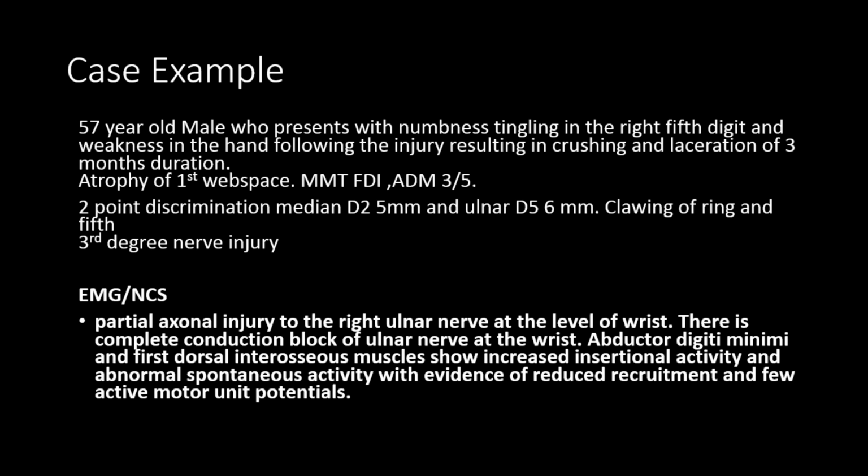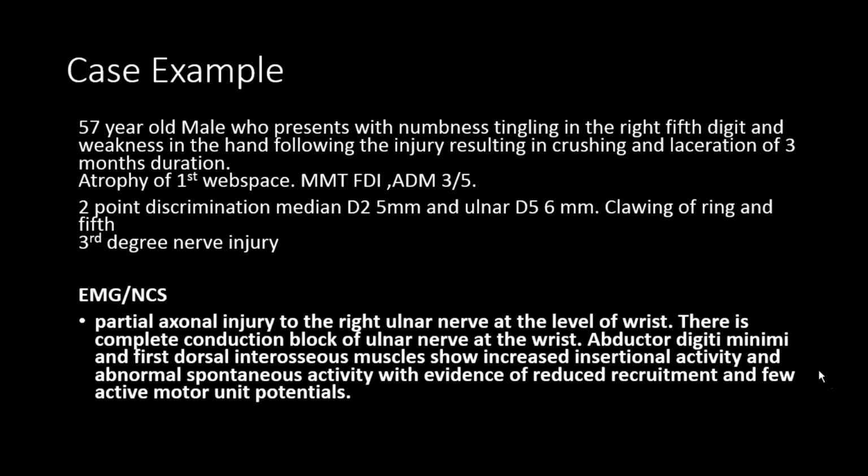So he had some sensory involvement, but not significant, although he had significant involvement of the motor component of the ulnar nerve. There was clawing of the ring and fifth digit. There was atrophy and weakness of ulnar innervated muscles, and his EMG showed partial axonal injury of the nerve, and there was a complete conduction block of the ulnar nerve.